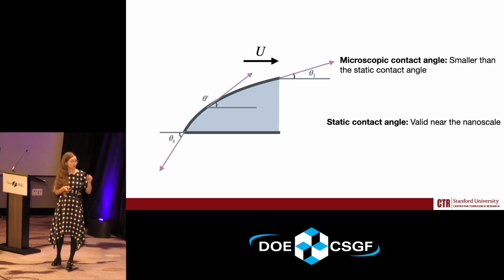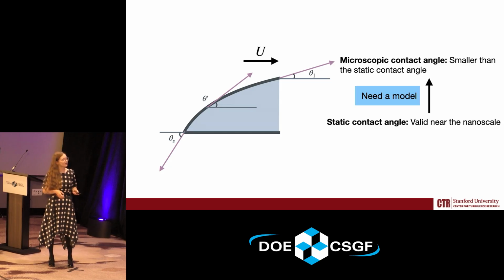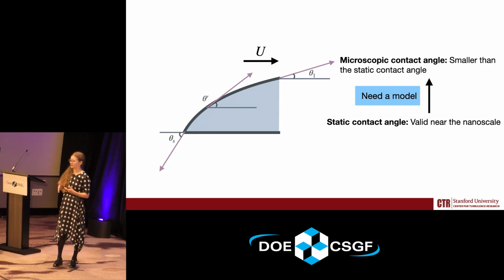And so your microscopic contact angle is, in this case, going to be smaller than your static contact angle. And then your static contact angle is only really valid in a lot of cases near the nanoscale, which is very hard to get your grid resolution down to. And so we need a model to bridge this discrepancy of scales.